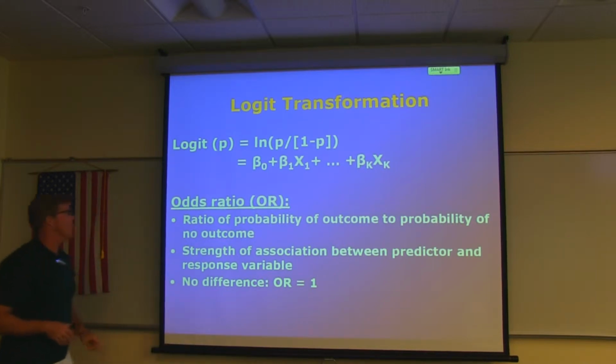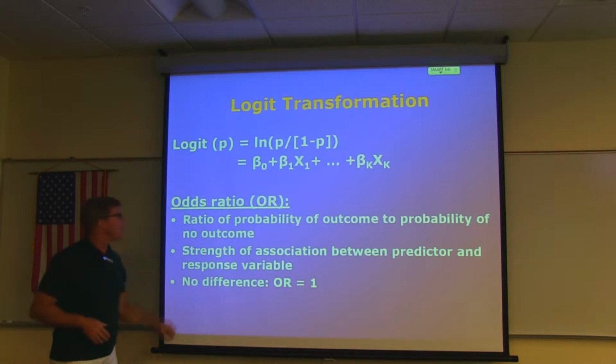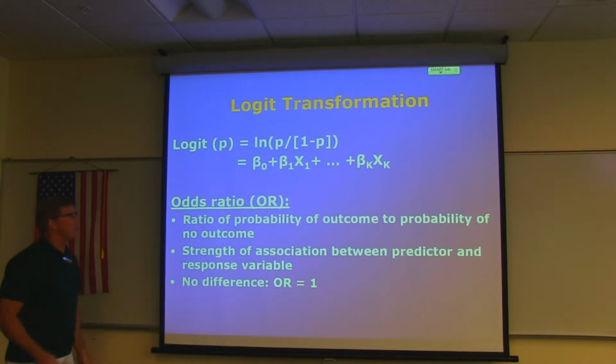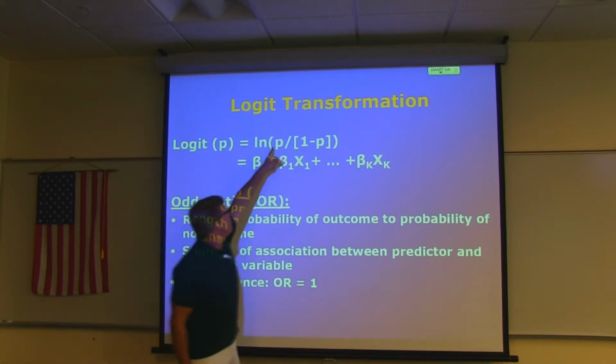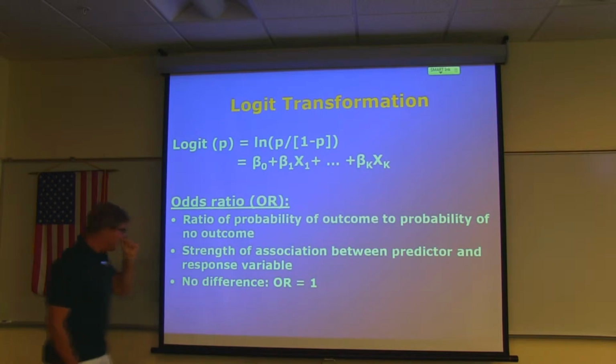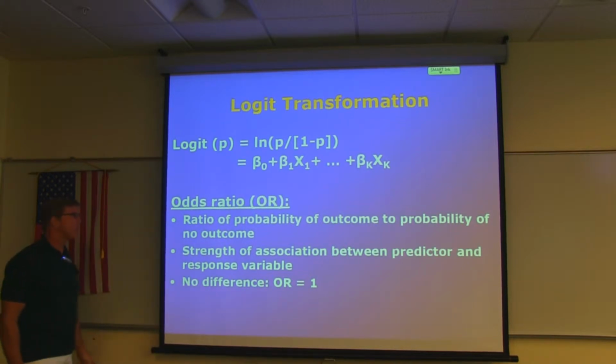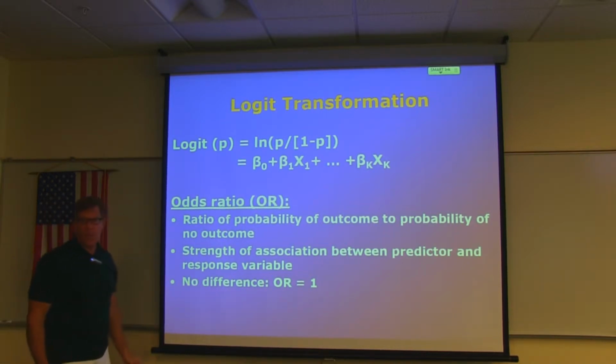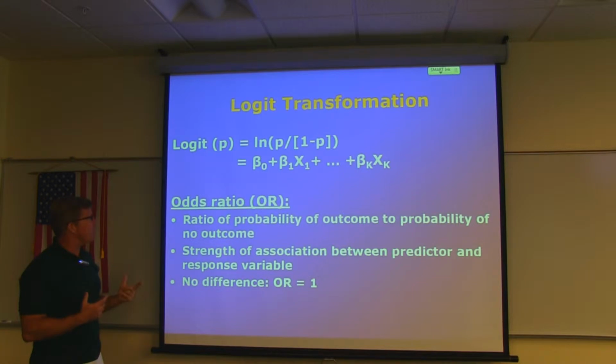So this odds ratio, this OR, is the ratio of probability of outcome to probability of no outcome. Probability of outcome divided by probability of no outcome. And it's interpreted as a measure of association. It's the strength of association between the predictors and the response variable.